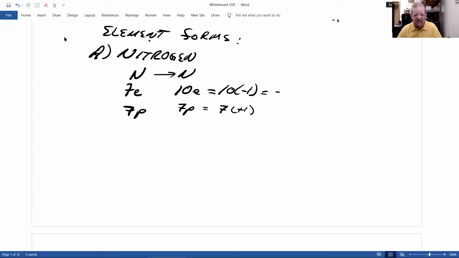Do the math. -1 times 10 is -10. +1 times 7 is +7. Add them together, you get a -3. How do you show that? The symbol, and then either -3, which I like to do that way, or 3 minus. Either way would be correct on the test.